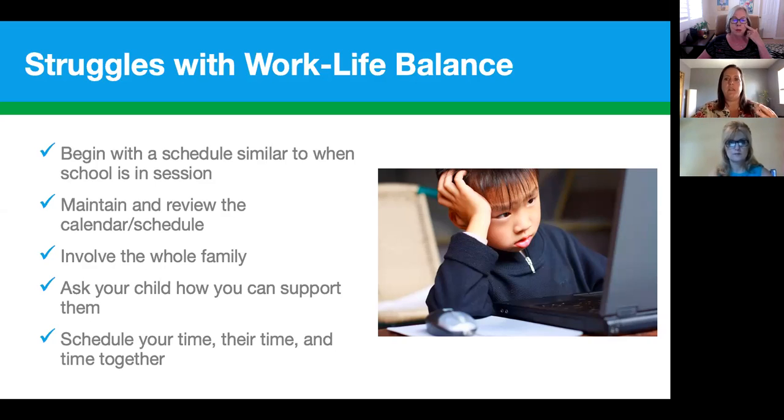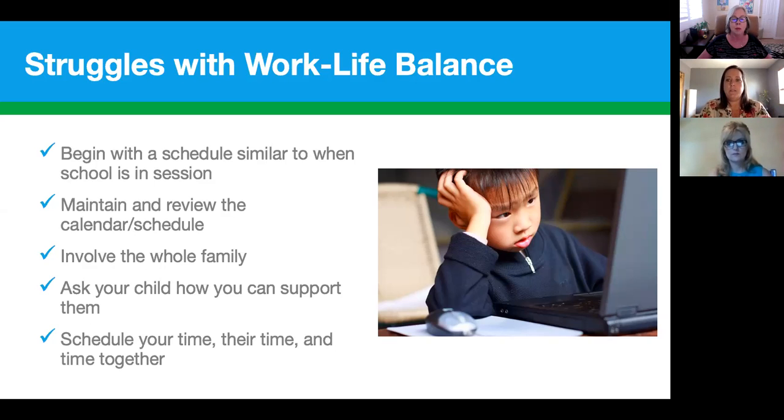And you have to remember that where many of our children need a lot of support, we're also wanting them to become independent. So how as parents can we really set them up for success to be more independent? One way we can do that and balance this is really to schedule our time, their time, and our time together.